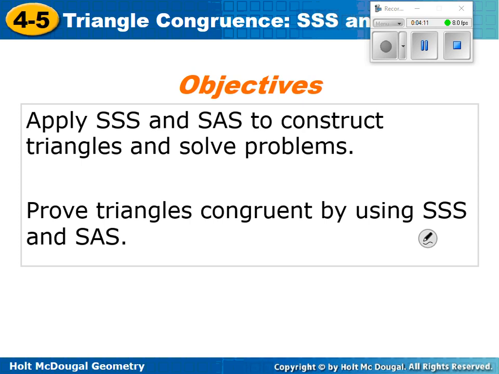The way that does work is if you have a triangle and one side's congruent to one side, a second side is congruent to a second side, but the angle in between those 2 sides. So if I call this ABC, which angle is in between the 2 sides? B. If B is marked congruent to E, so if you have the angle in between, then the 2 triangles will be congruent.